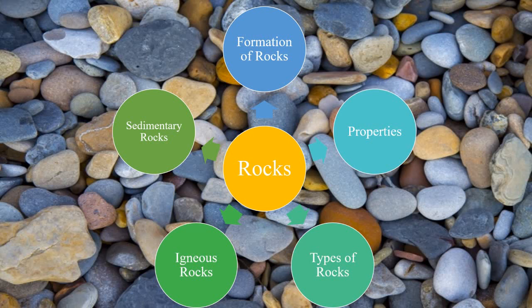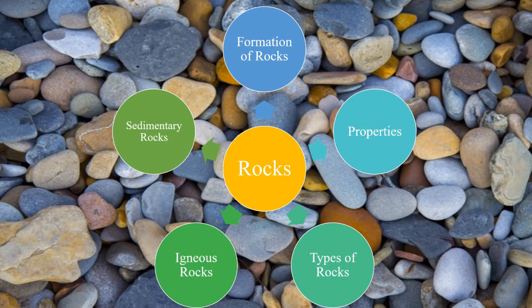Then we studied volcanoes and how volcanoes are formed. We also looked at the meaning of magma and lava. We learned how igneous rocks are formed through the molten lava that gets solidified, which gives us igneous rocks.